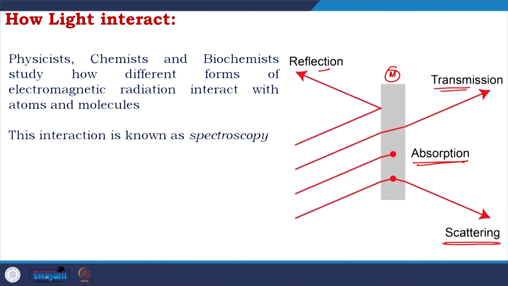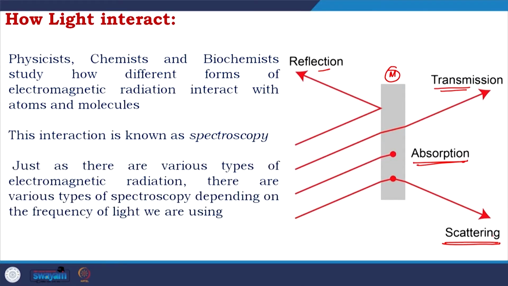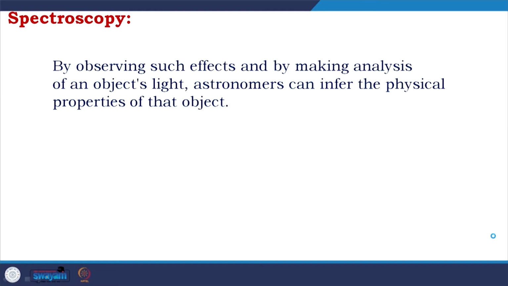And this interaction we call spectroscopy. Just as there are various types of electromagnetic radiation, there are various types of spectroscopy depending on the frequency of light we are using, the effect that is showing there and many different things.